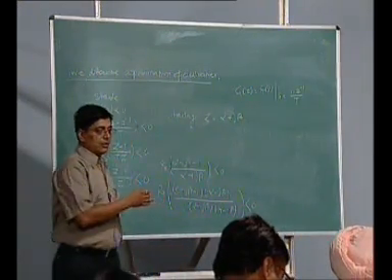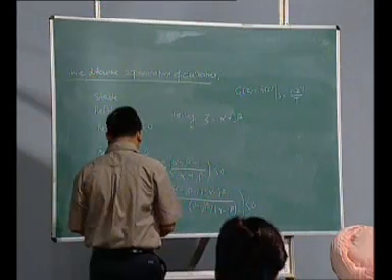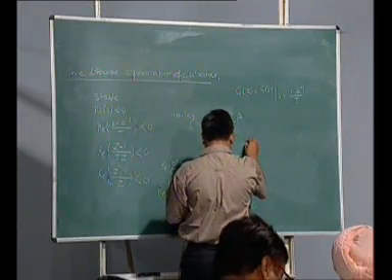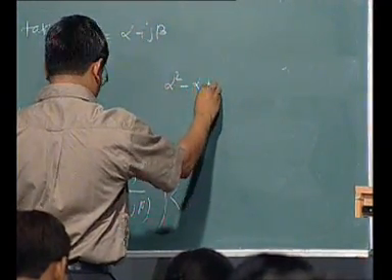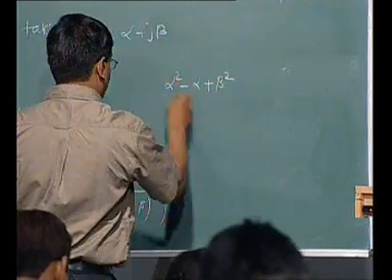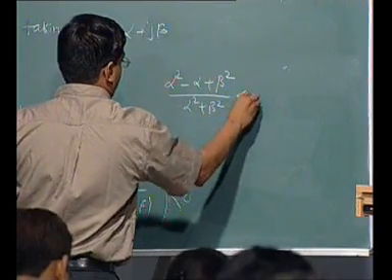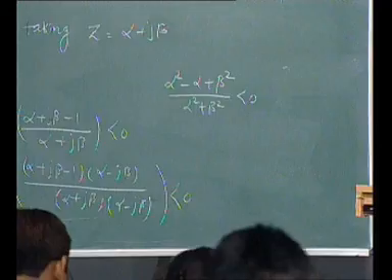Then separate out the real and imaginary parts. The imaginary part we are not interested in, and the real part is (minus alpha plus beta square) upon (alpha square plus beta square) less than 0. Clear?